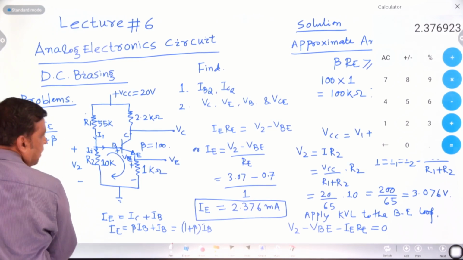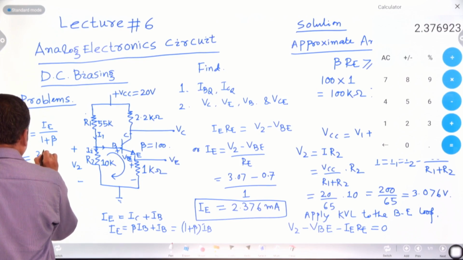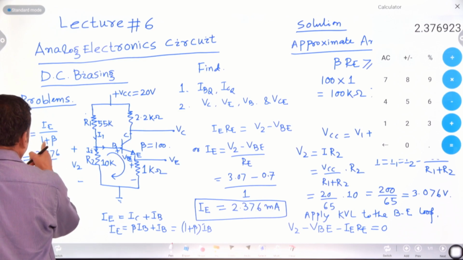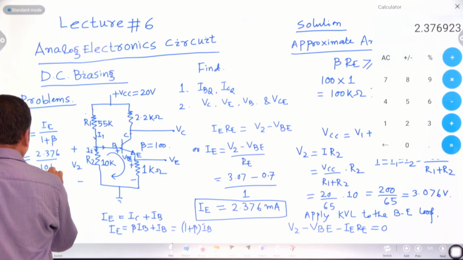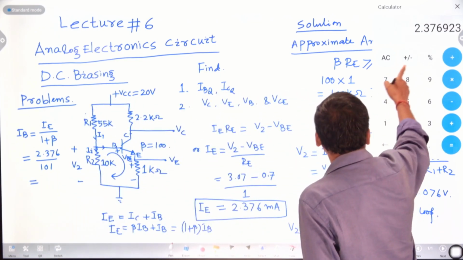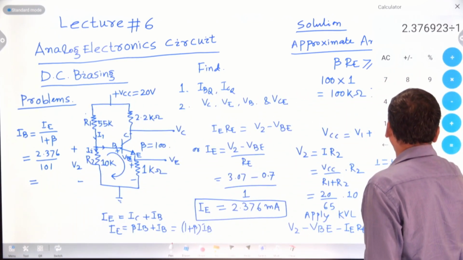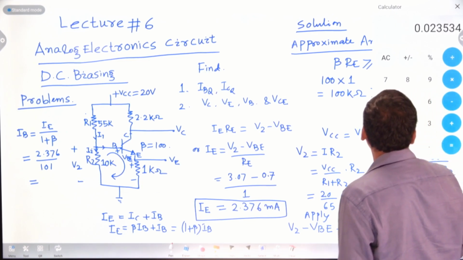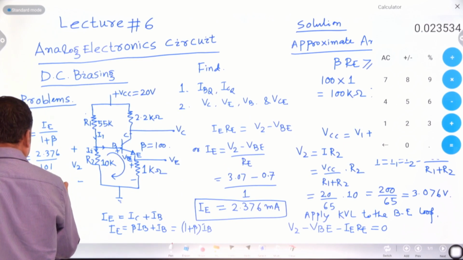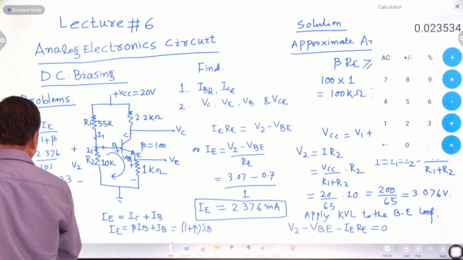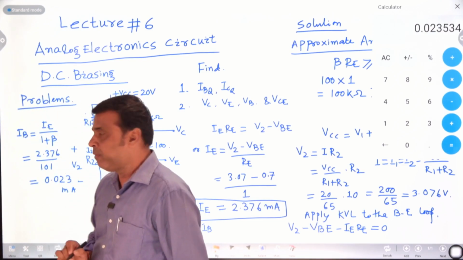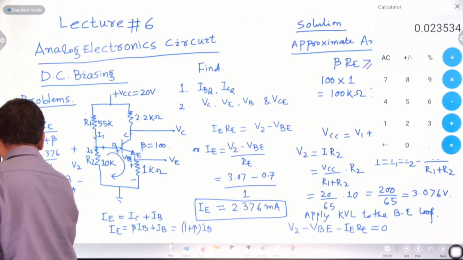IE is given as 2.376 milliampere divided by 1 plus beta. 1 plus 100 is nothing but 101, and the value is how much here? 2.376 divided by 101, the value is nothing but 0.023, and this is nothing but 0.023 milliampere.